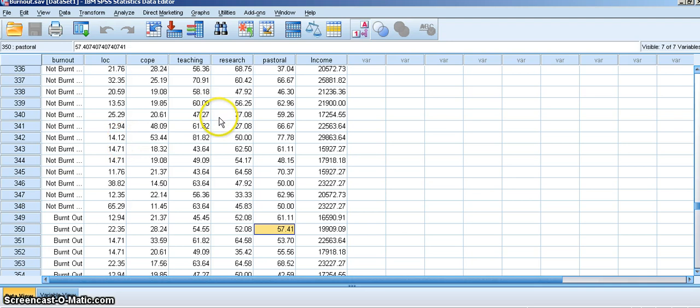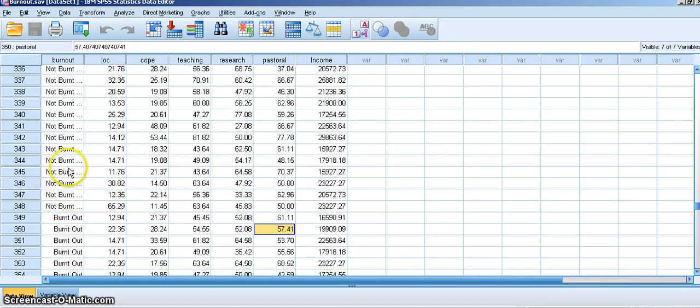Just like with any other hypothesis, we can have the non-directional hypothesis when we're talking about just having a difference or not difference between those groups. But we also can hypothesize that maybe there's a direction.